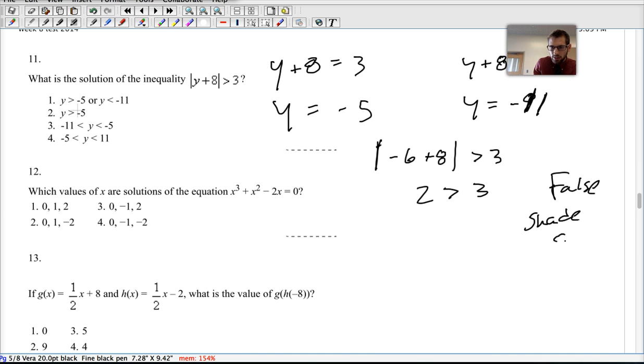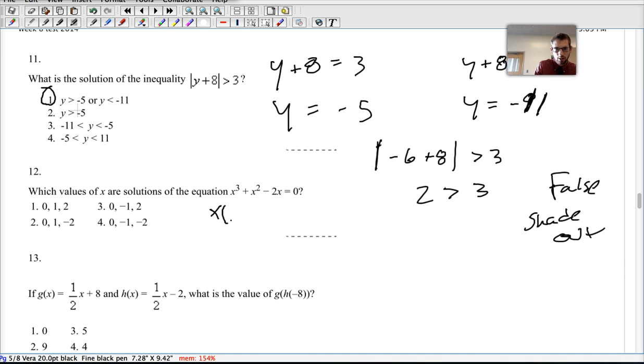Shade out. Alright, so that means that I'm going to have y is going to be greater than negative 5, or less than negative 11. Good. Answer choice 1.